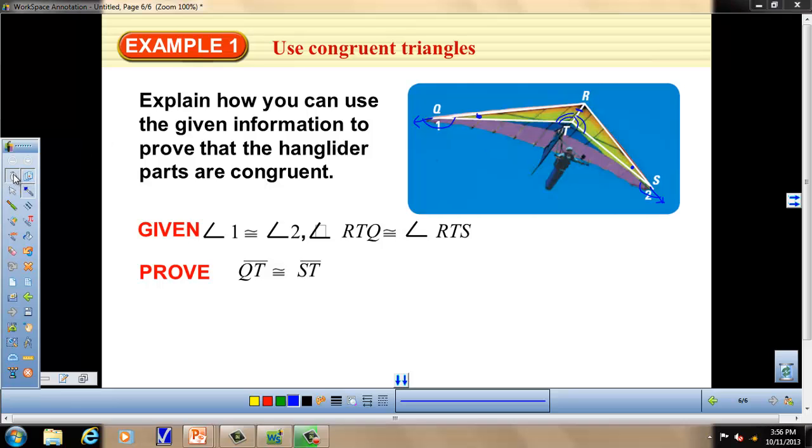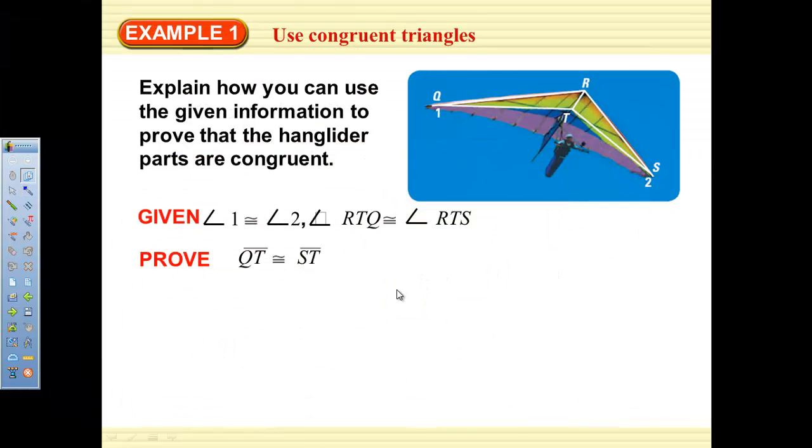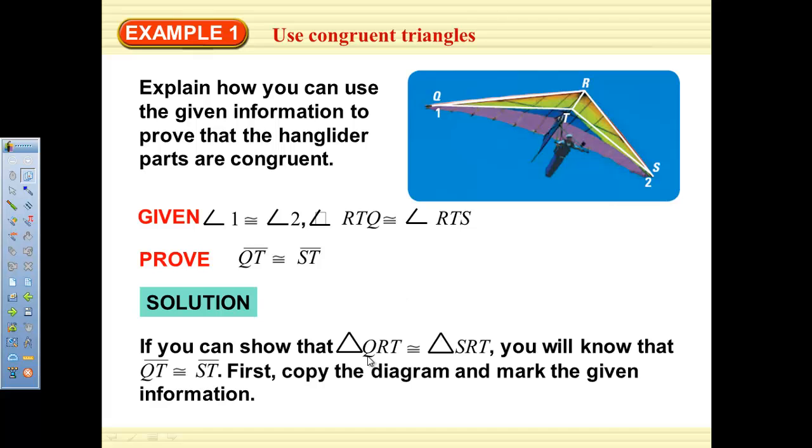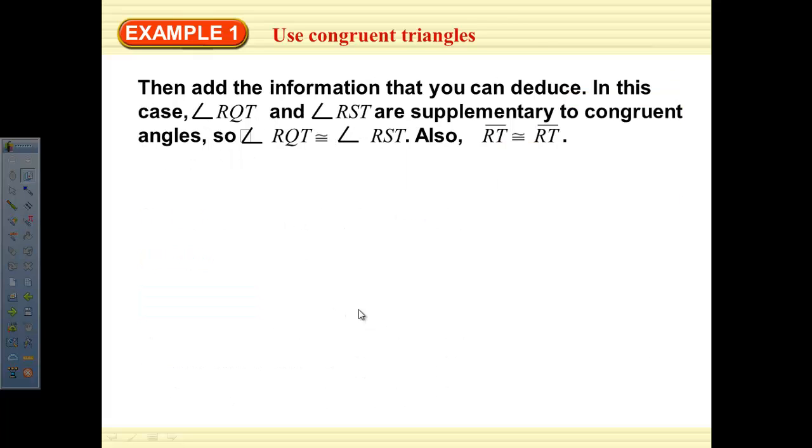Alright, so we're going to go through the proof for this. We start off by going through the plan again and saying we have to show this first. Once we show this, then we'll know that this is congruent by CPCTC. So we look at this and we say RQT and RTS are congruent, RT and RT are congruent, and when we draw the picture, this is what it's going to look like.